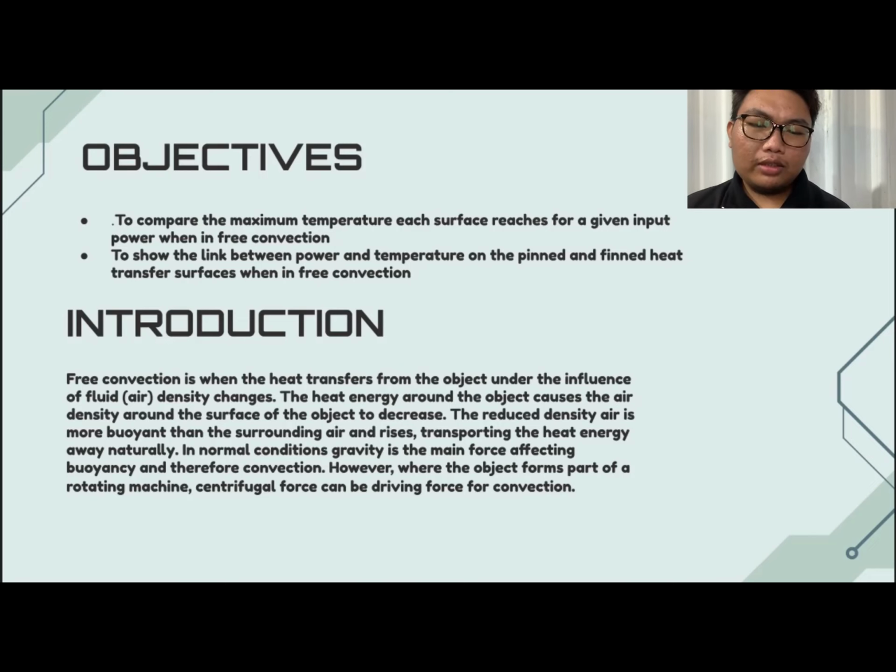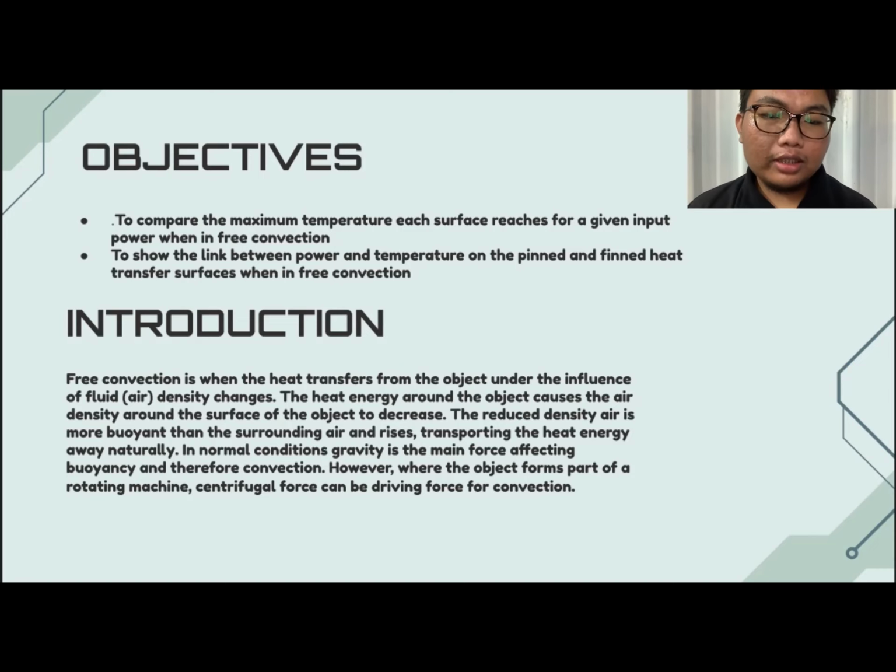So this is the objective for this lab. Objective number 1 is to compare the maximum temperature each surface reaches for a given input power when in free convection. Number 2 is to show the link between power and temperature on the fin and pin heat transfer surface when in free convection.